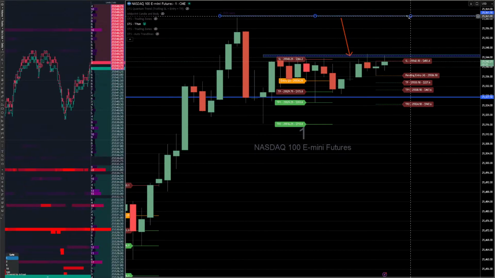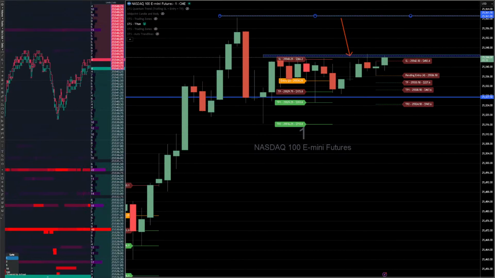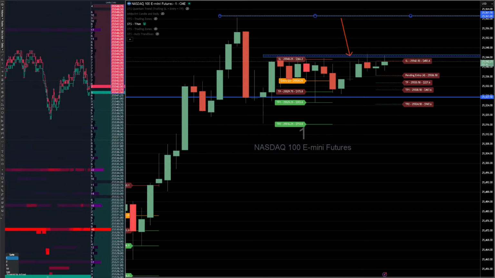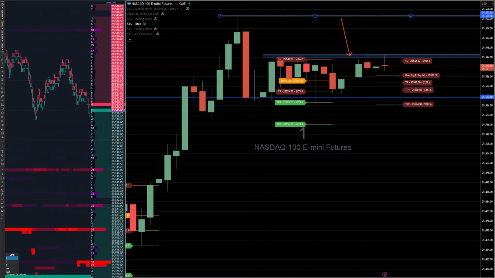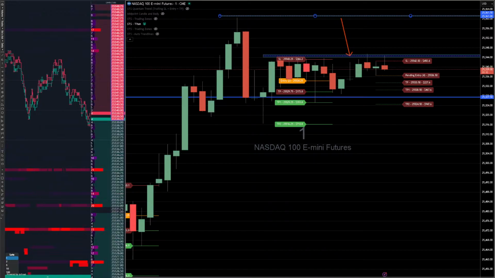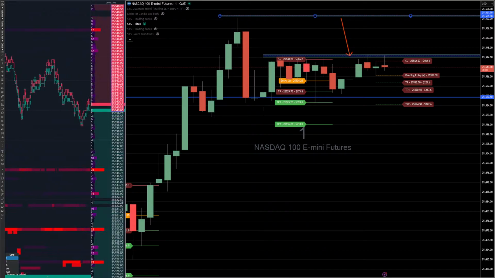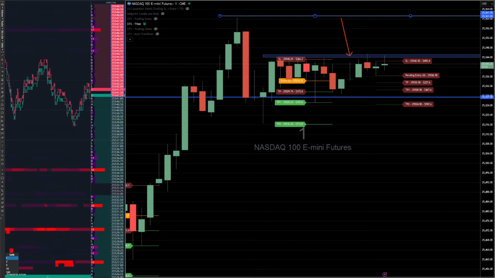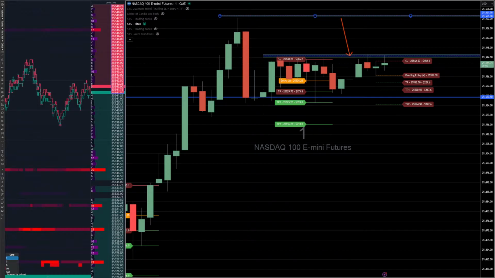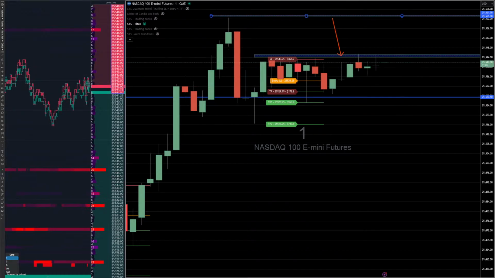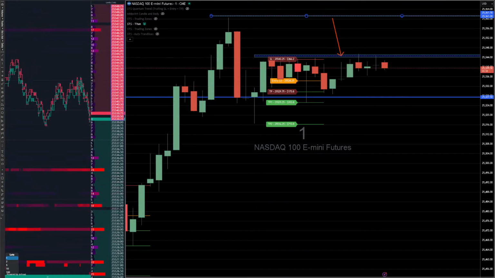MNQ is slowly going up, the cumulative delta. Let me go look. It's the opposite. Yeah, I had to zoom in a little and make it rescale, but yeah, I see what you mean.